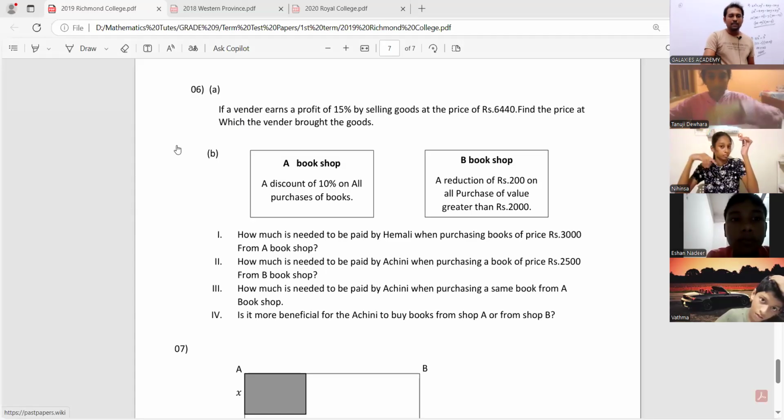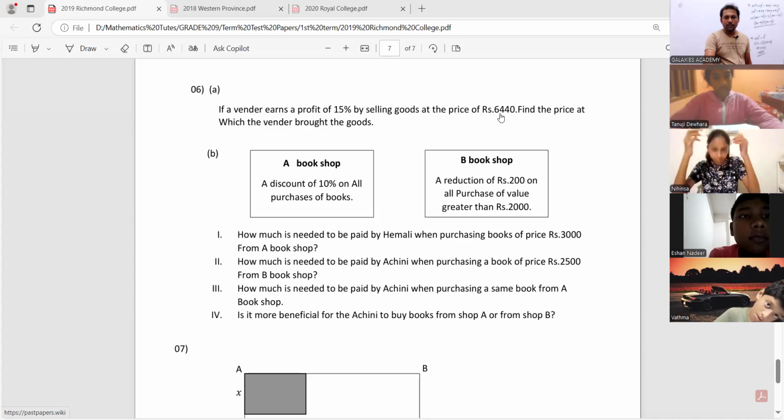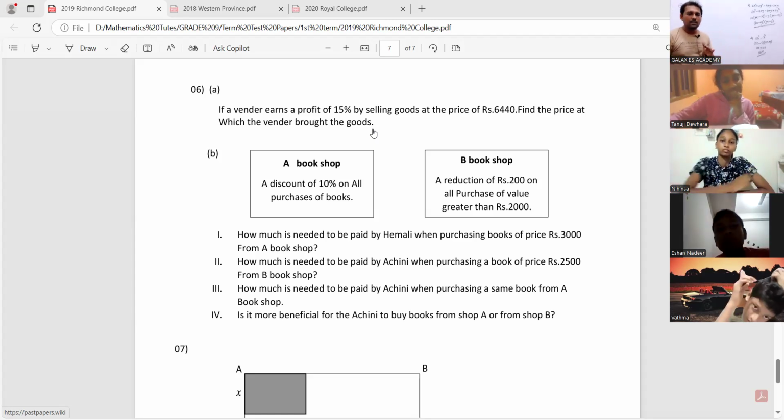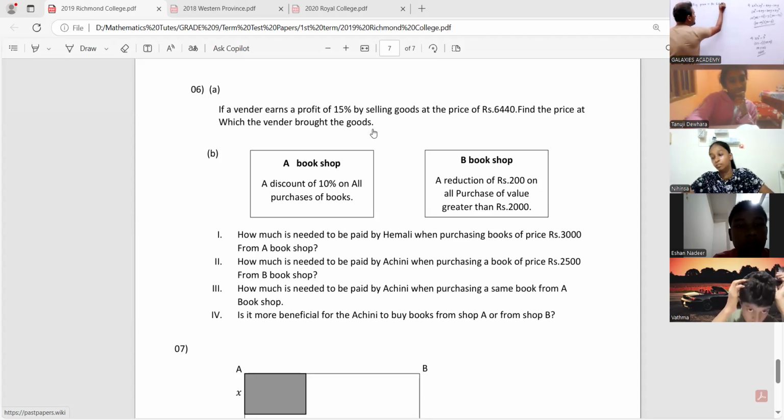Simple A part: if a vendor earns a profit of 15% by selling goods at the price of 6,440 rupees, find the price at which the vendor bought the goods. Profit percentage and selling price are given. The selling price is 6,440.